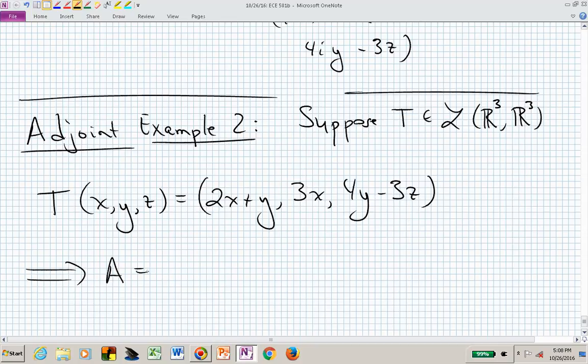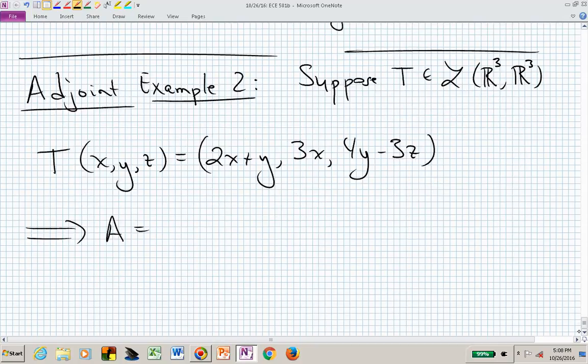And now this is trivial, isn't it, in a sense, building up or creating the matrix representation of that linear map T.